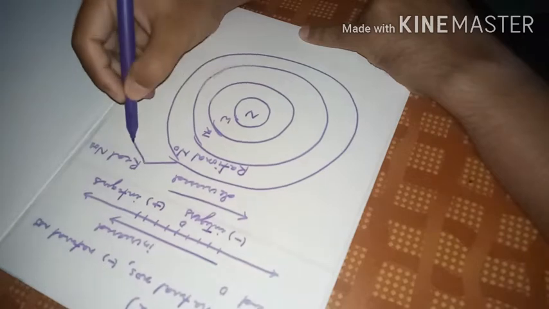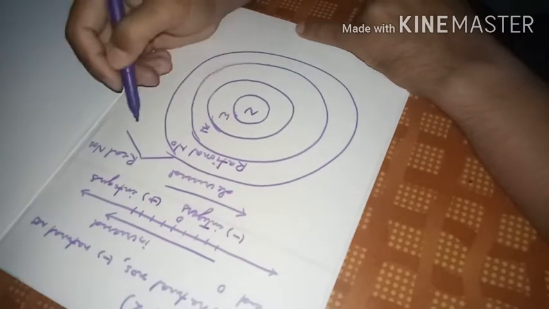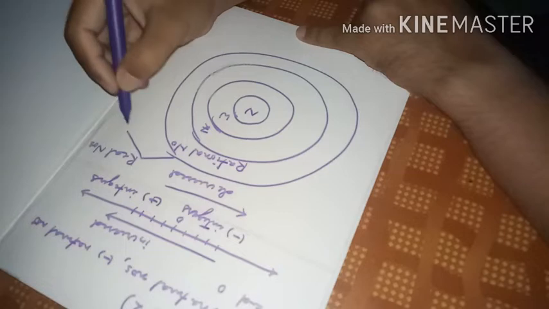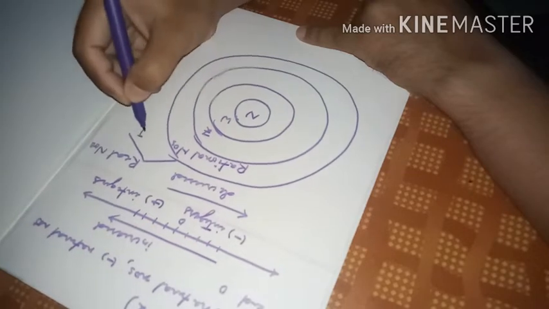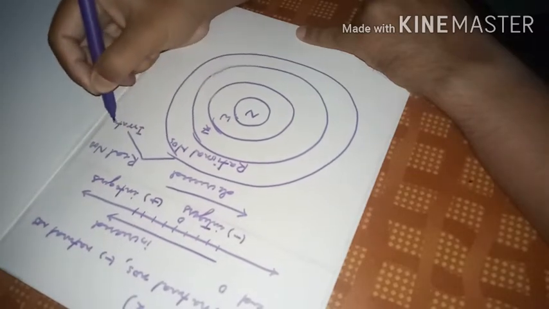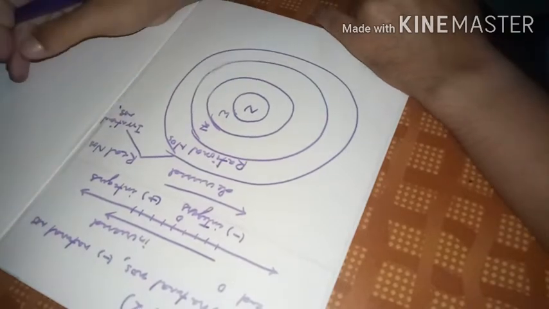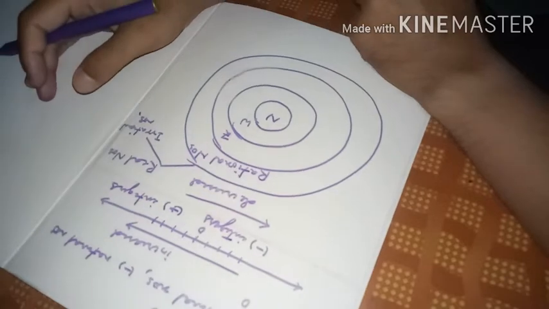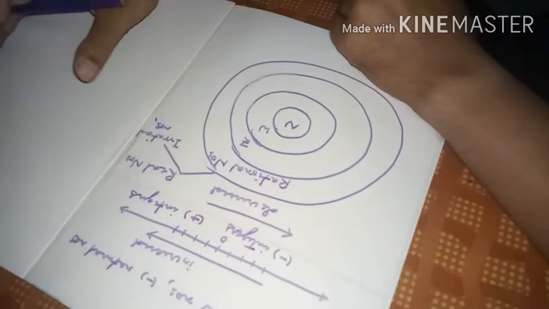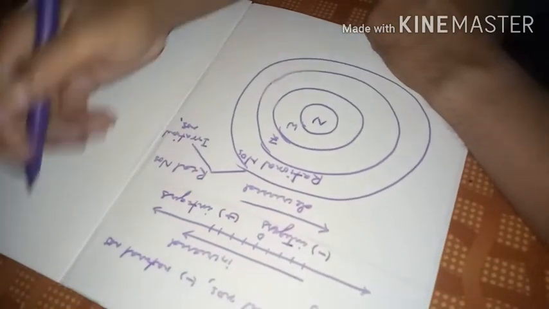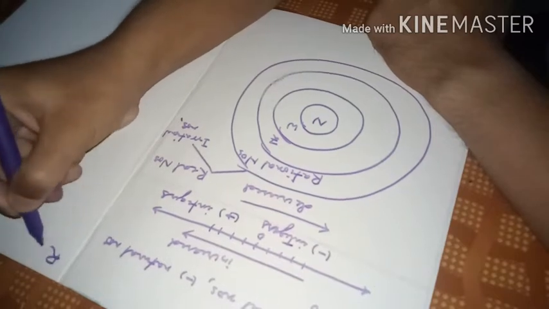In the real numbers we have two types: one is rational numbers, another is irrational numbers. In this video mainly we are going to learn rational numbers and irrational numbers. So let us come to rational numbers.